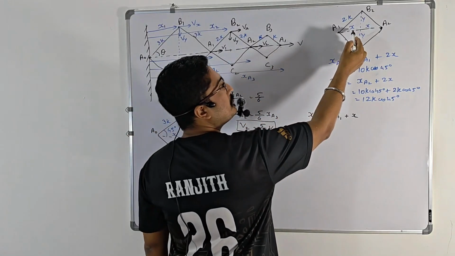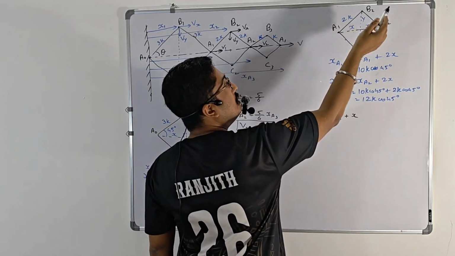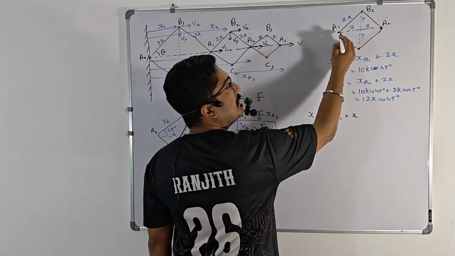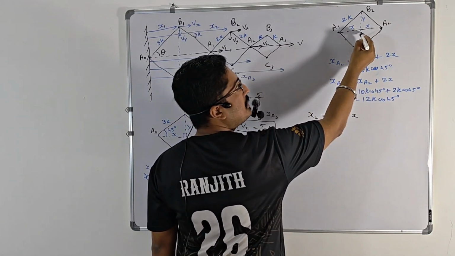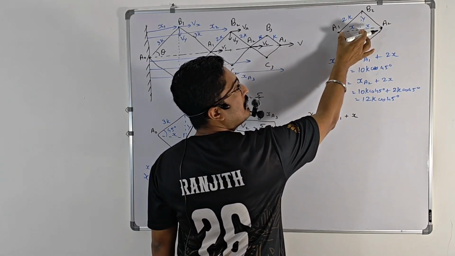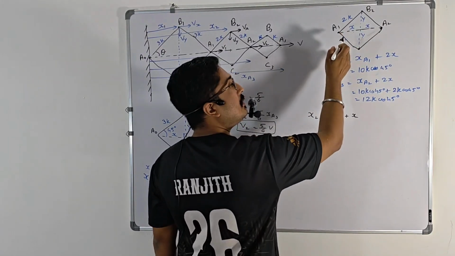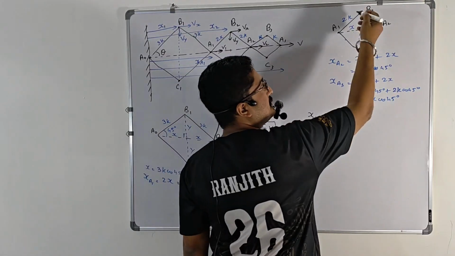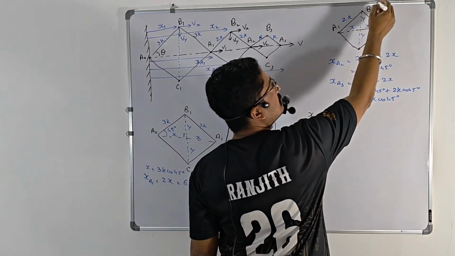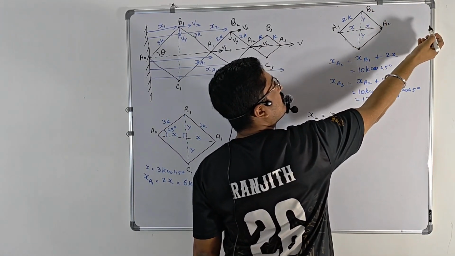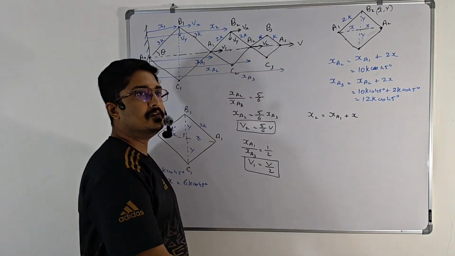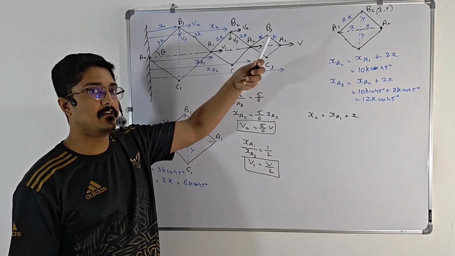X gives me the horizontal coordinate of B2 with respect to A1. Basically, if I consider A1 as origin, then the coordinates of B2 would become X comma Y, right? So basically it is a relative position.